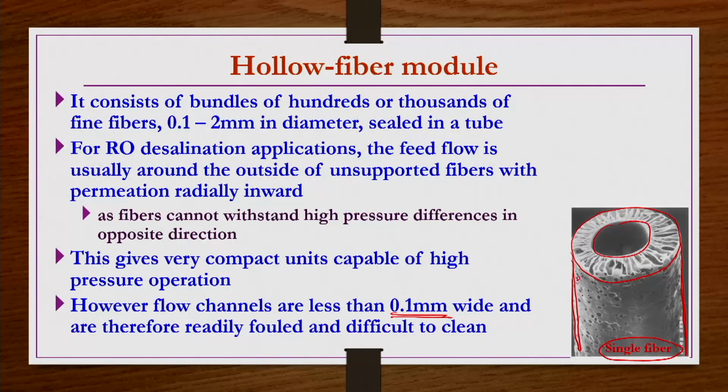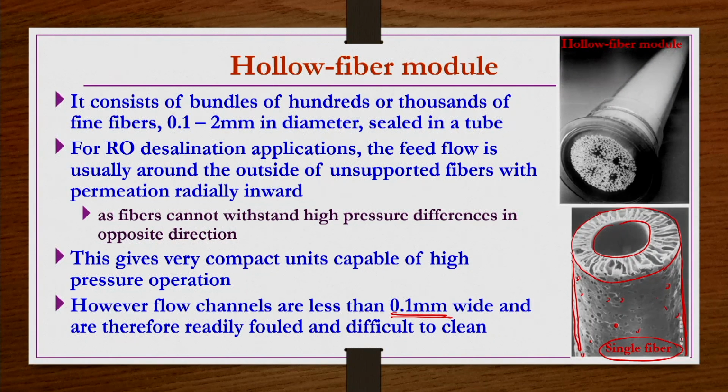Such fibers, a few hundreds or a few thousand, are taken and packed in a tube to form this hollow fiber module. Hundreds of such single fibers are taken and packed in this tube here.